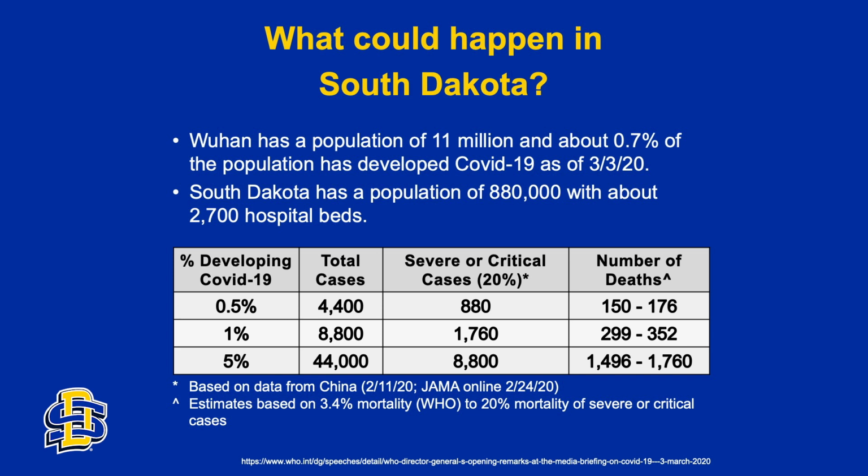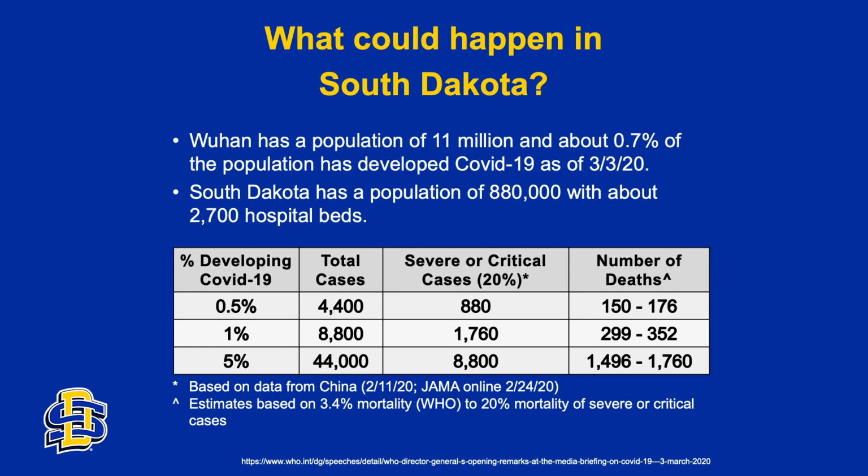So I just did some calculations looking at the Wuhan data. In Wuhan, about 0.7% of their population actually developed the disease. So not very much, less than 1%, but we can say 1%. South Dakota has a population of 880,000.